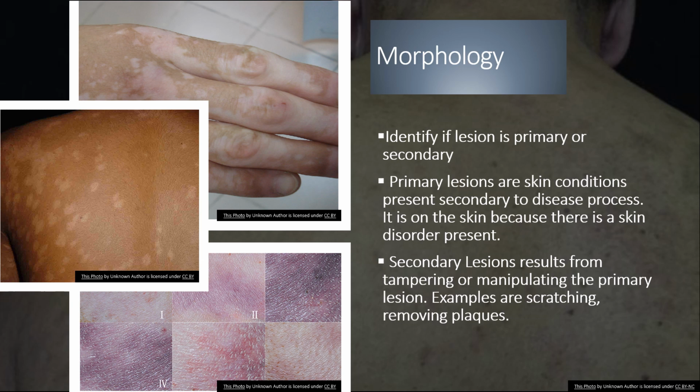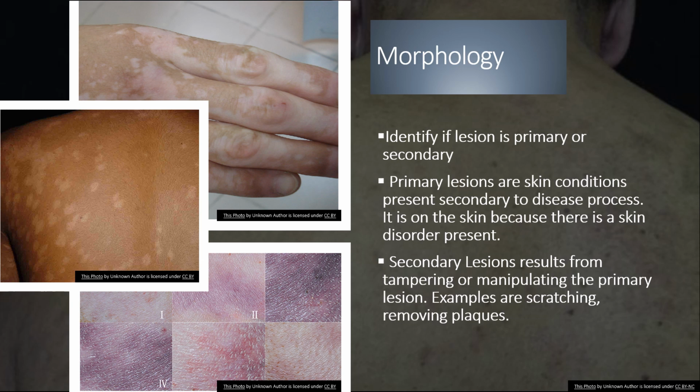Morphology helps to identify if the skin lesion is of a primary morphology or a secondary morphology. Within the medical spectrum, skin conditions are classified by primary and secondary morphology. Primary lesions are skin conditions that are present on the skin secondary to a disease process.